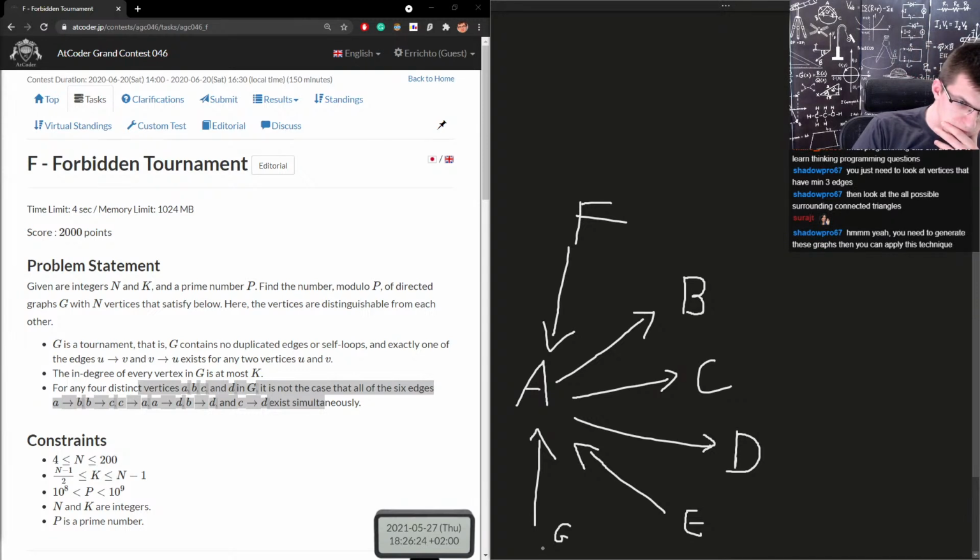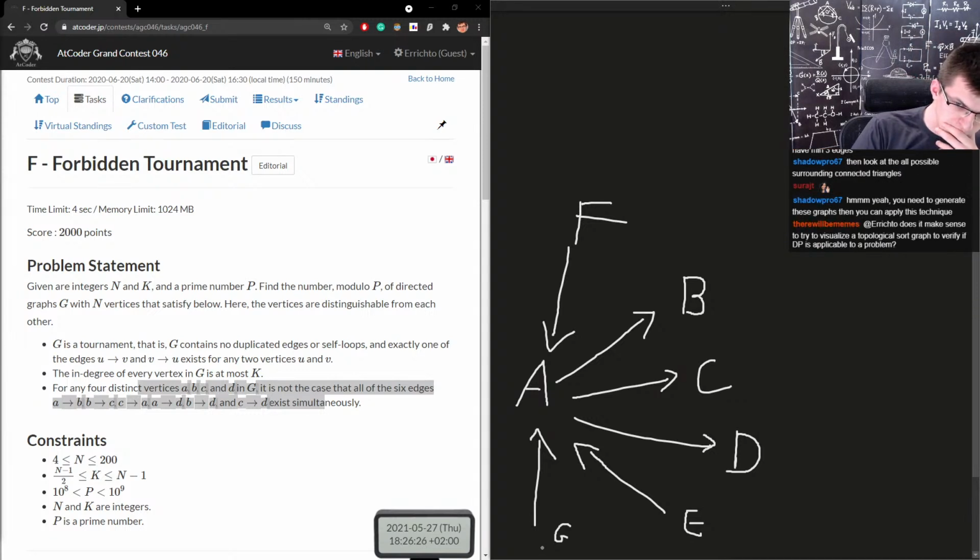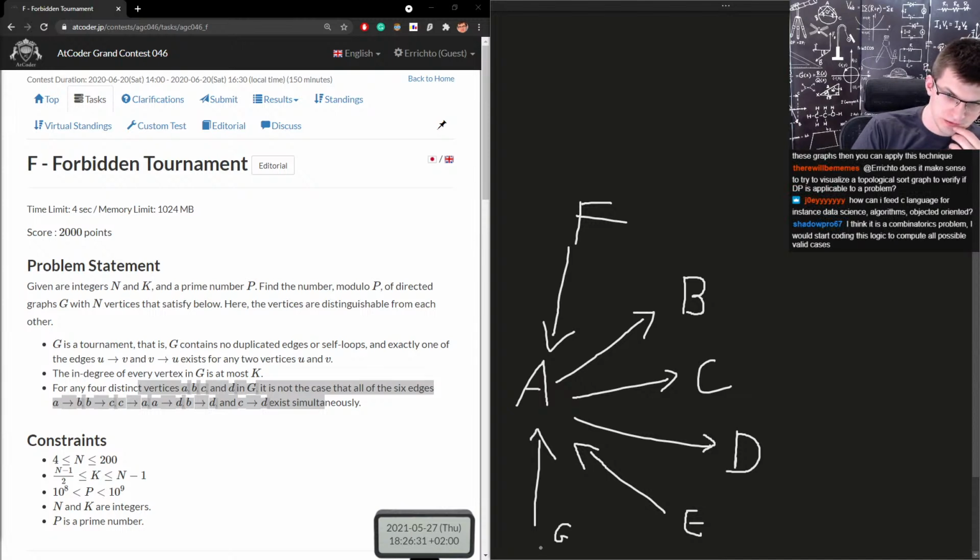And what do we know? We don't know a lot. GEF cannot form a triangle.